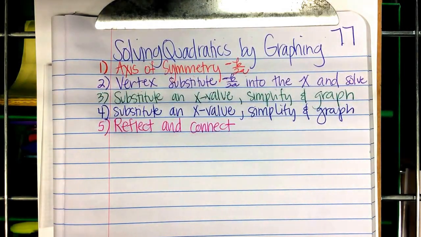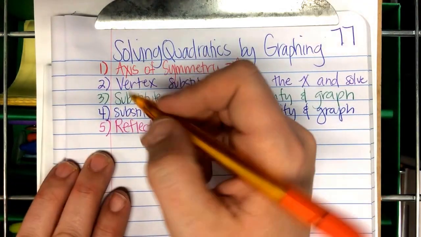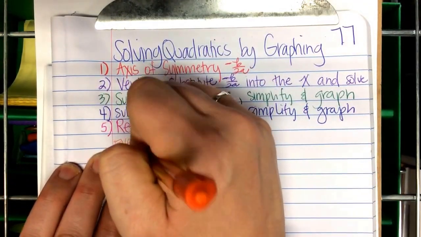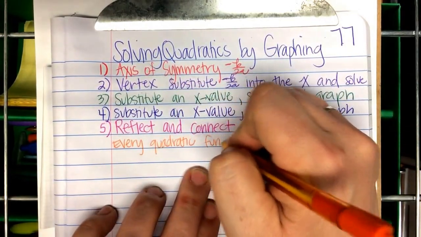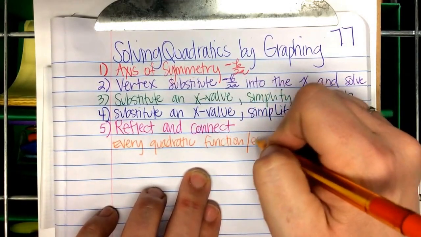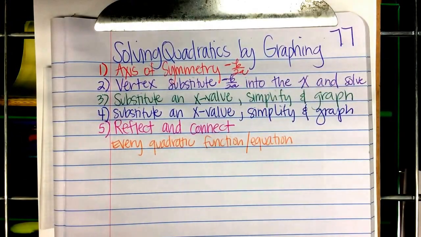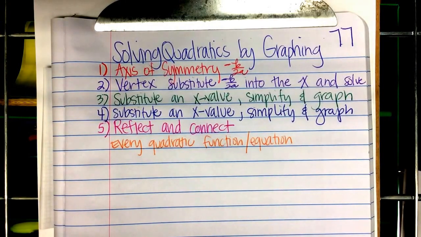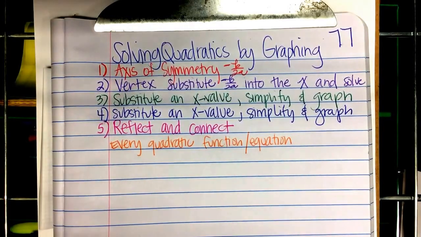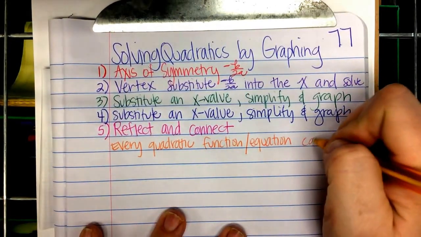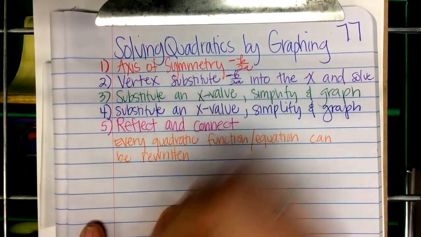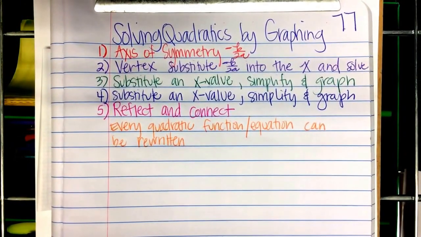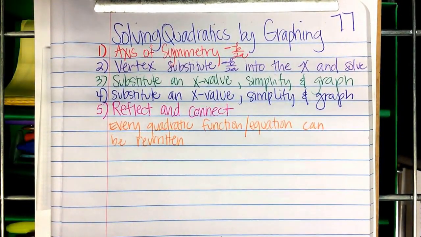The only difference today, ladies and gentlemen, is that you need to realize that every quadratic function or equation, every single quadratic function or equation, can be rewritten. You have multiple ways of writing every single problem.